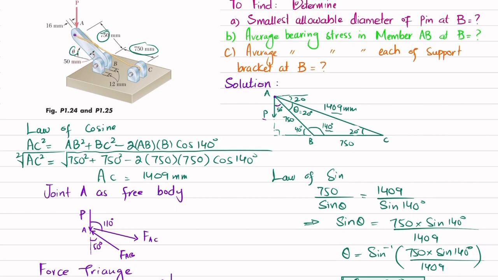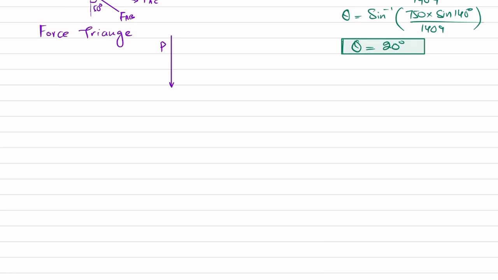The force FAB is in this direction, minus P will be in this direction, and so you will get the resultant like this. So let me correct it. First we will draw P, the load which is downward.